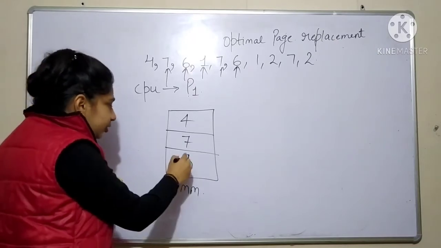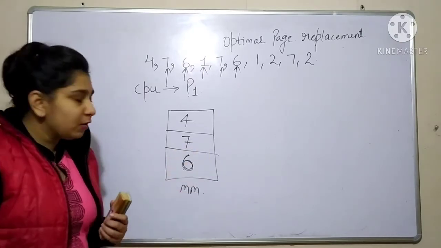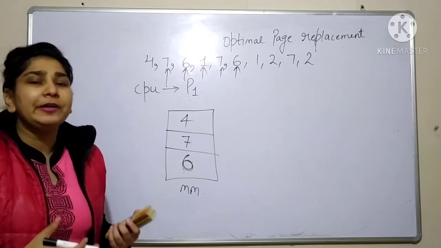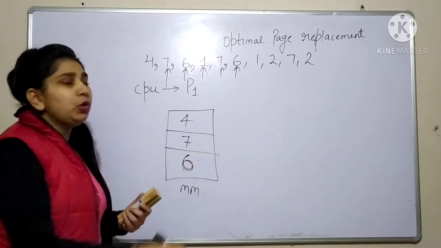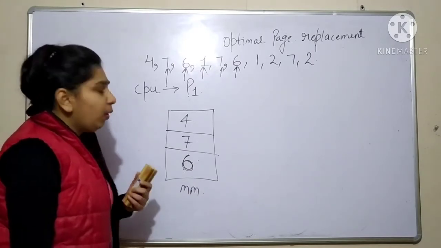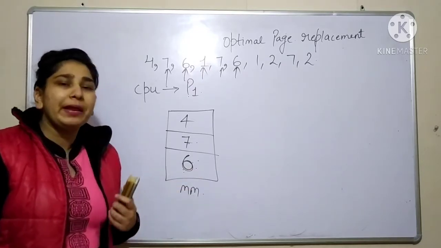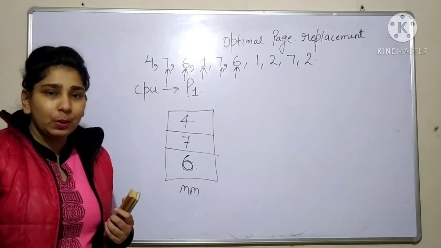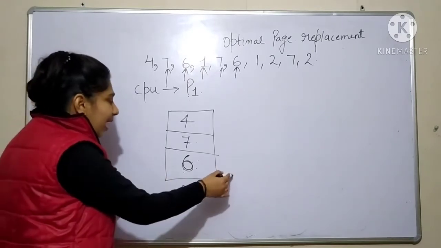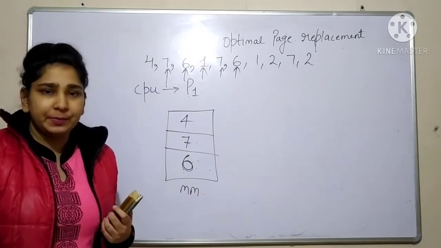So if you swap out either the 7th page or the 6th page from main memory, then at a later point of time you again have to load these 2 pages into the main memory. We want to reduce the transferring of data from hard disk to main memory, because if you do lots of transferring of data from hard disk to main memory, a lot of time is going to be wasted.